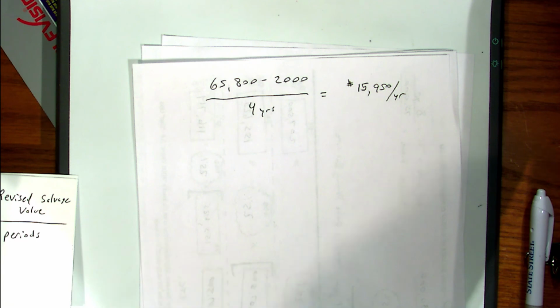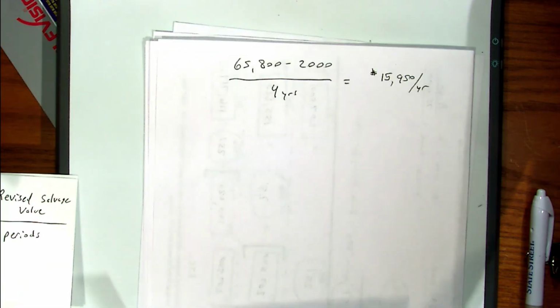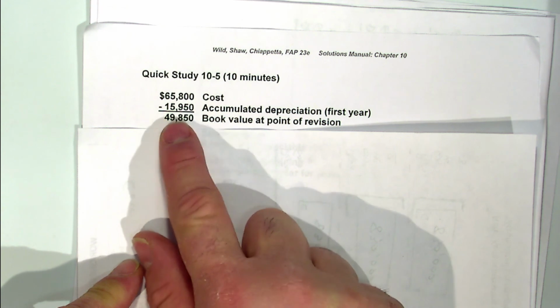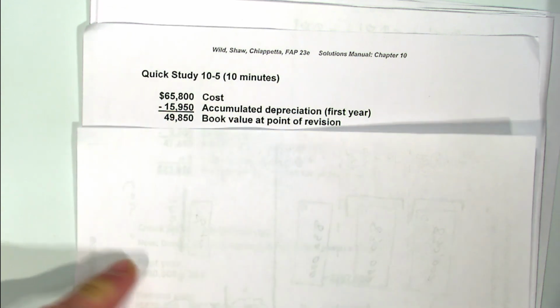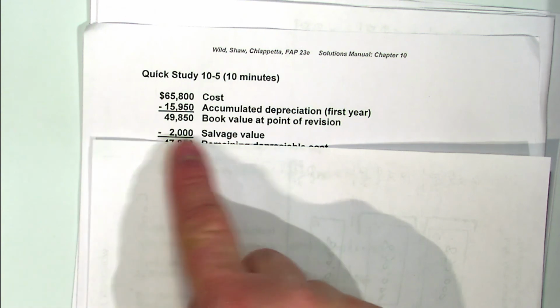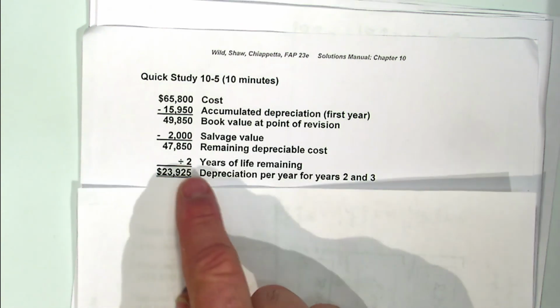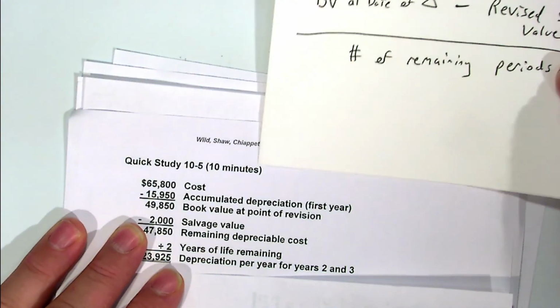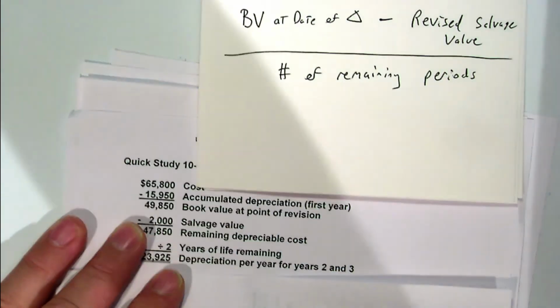So what we do here then is, our book value at the date of change, as the slide says, at the point of revision, is $49,850, correct? Which is the cost less the accumulated depreciation of $15,950. Then we deduct salvage value and divide it by the remaining years of life, 2, and we get 23,925. Let's look at it in this format.